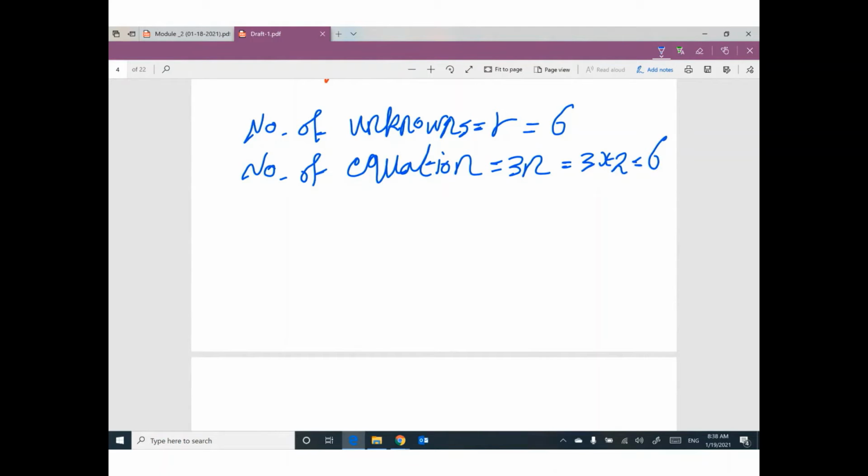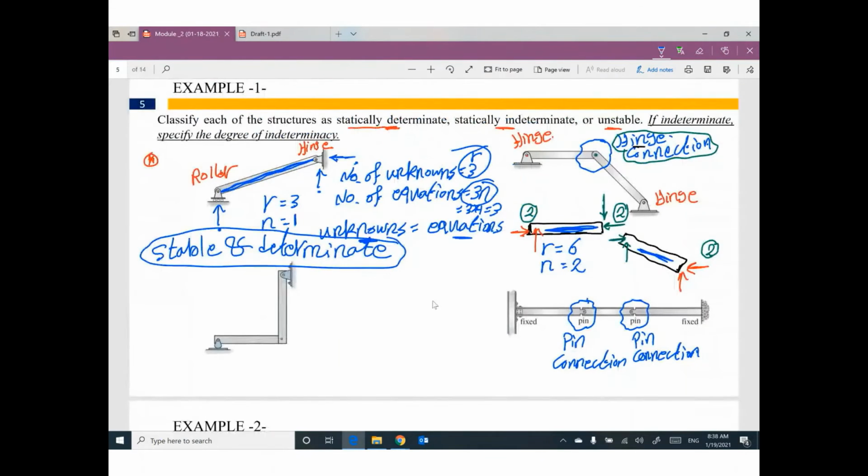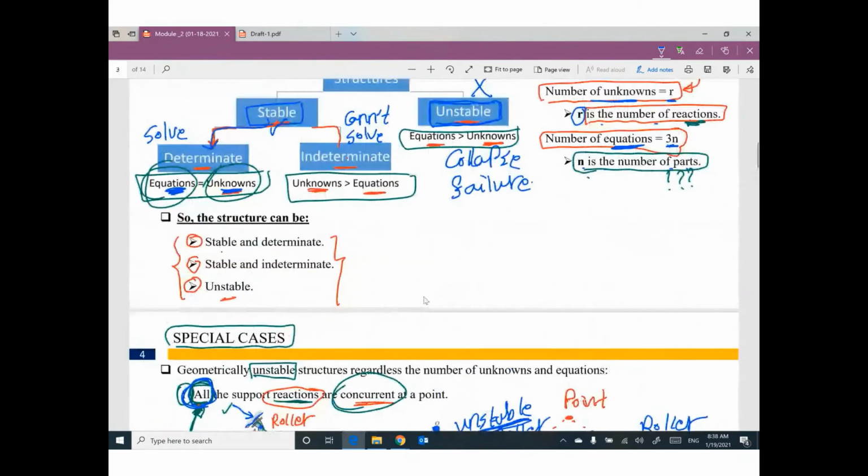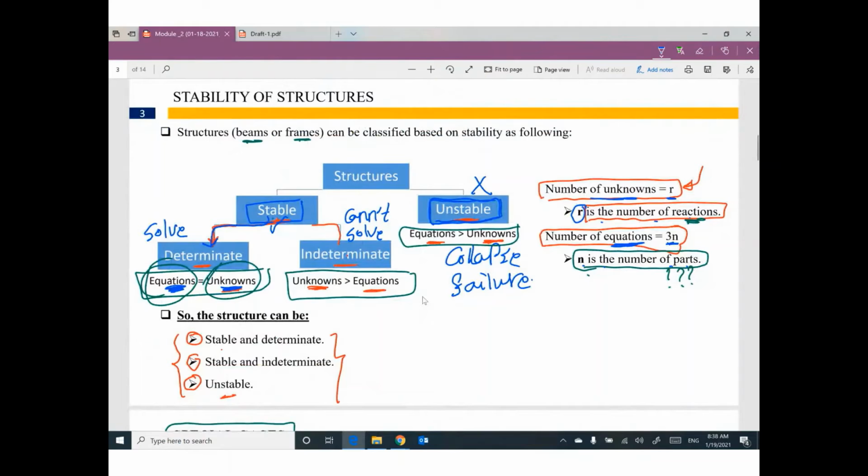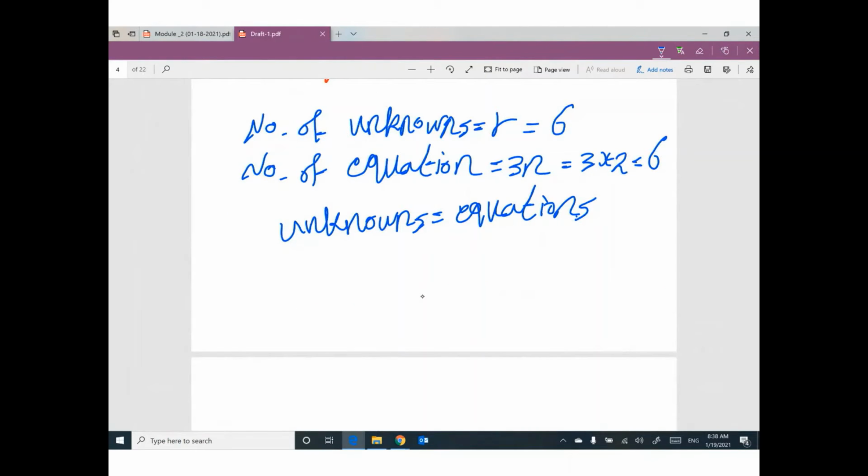So finally, number of unknowns equal the number of equations. If the number of unknowns equal the number of equations, your structure will be stable and determined. So the final conclusion, the structure is stable and determined.